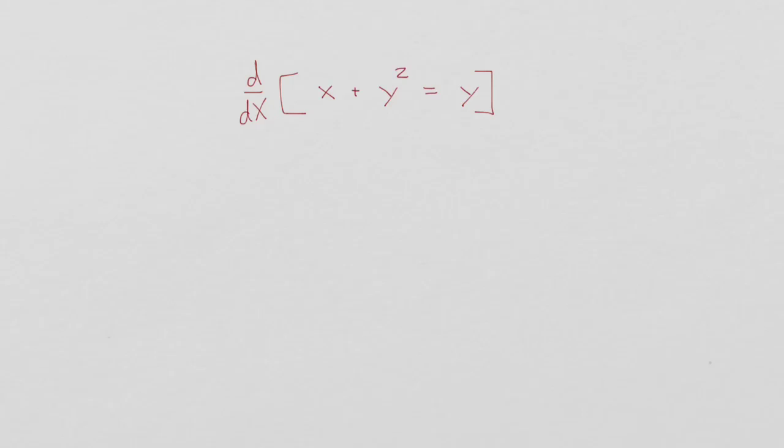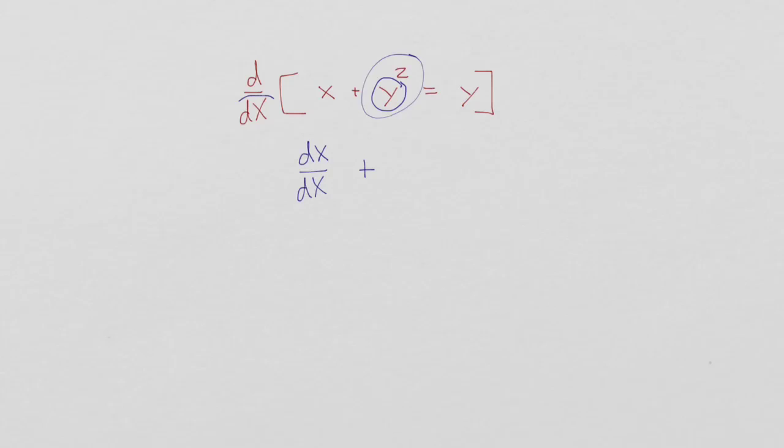All right, one more example. We are going to find the derivative of x plus y squared equals y. So I'm just going to blast through this one here. The derivative of x with respect to x is going to be dx over dx, which we know is 1. And when I get to this y squared thing, I am going to have to consider the fact that my inside function is not x.